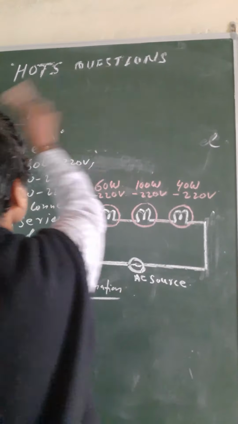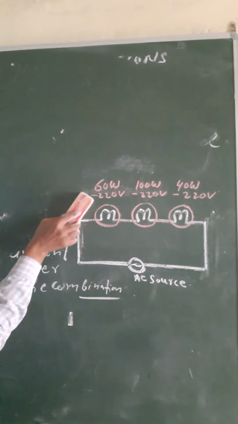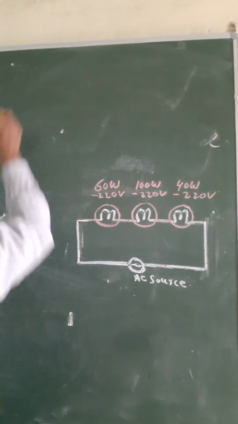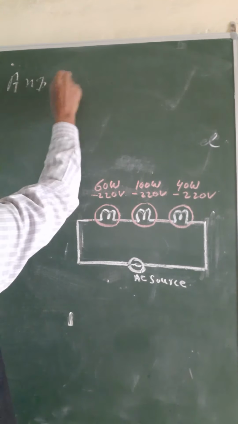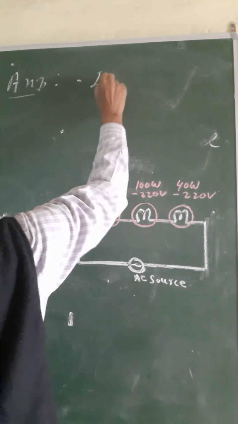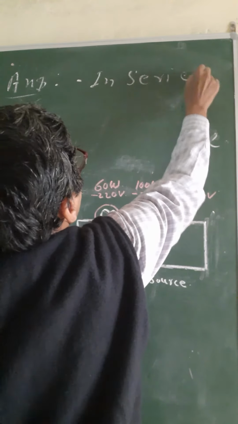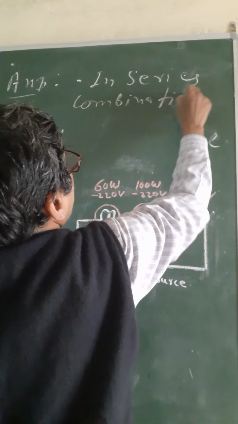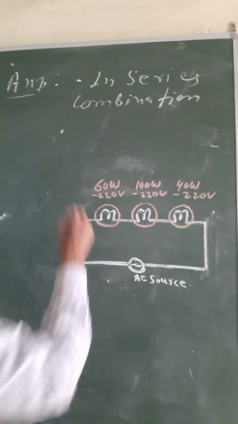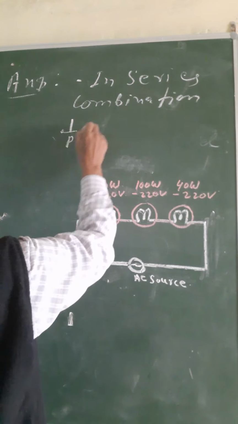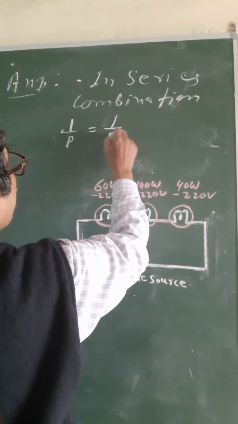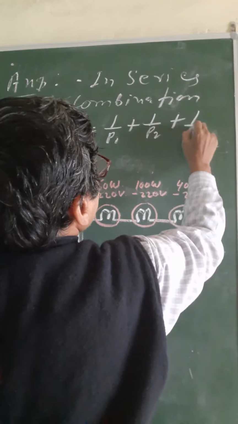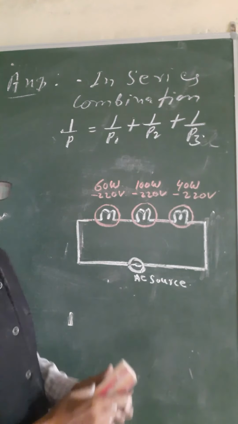Now the answer of this question is that in series combination, 1 by P is equal to 1 by P1 plus 1 by P2 plus 1 by P3.